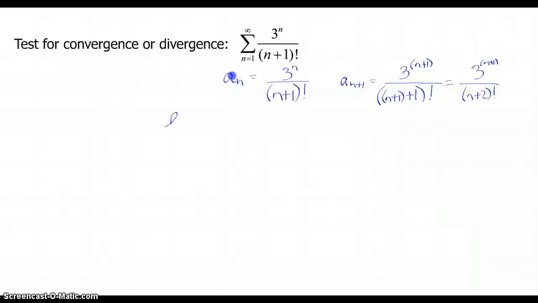So let's put that in our limit. The limit is n approaches infinity. And we will put 3 to the n times 3 in our numerator there.